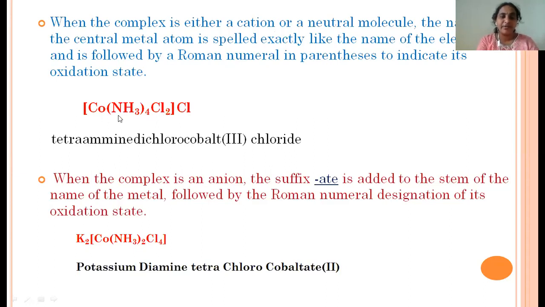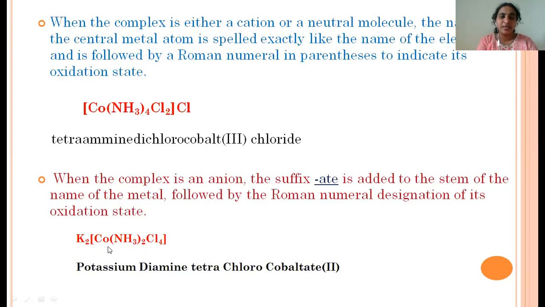Writing the IUPAC name: tetraammine dichloro, the metal name is cobalt. The ammine is neutral, and a total of 3 minus charges are present, so the metal gets +3, and outside the sphere there is chloride. Like this we write.